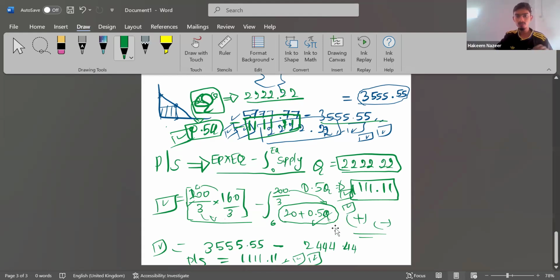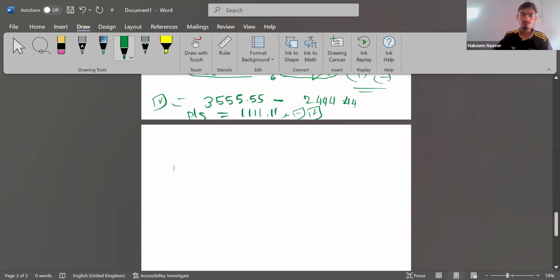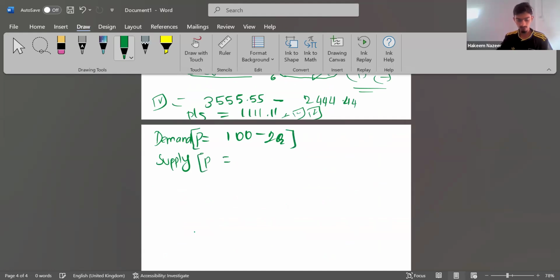Done. I have another question to do by yourself. The demand function p equal 100 minus 2q. The supply function p equal 10 plus q.